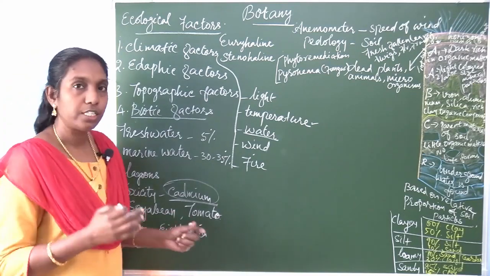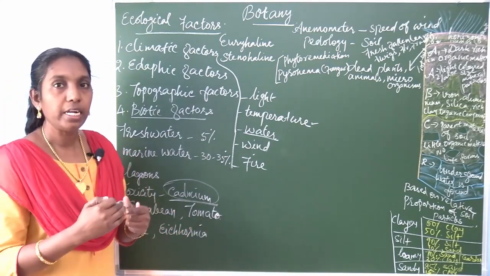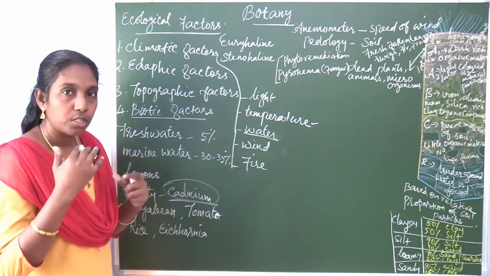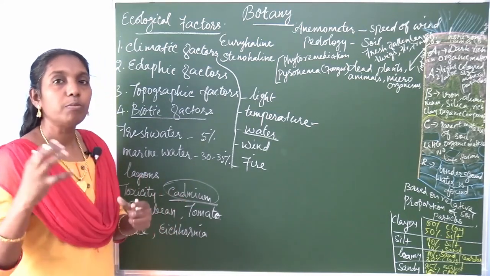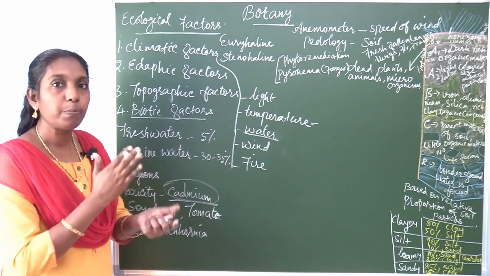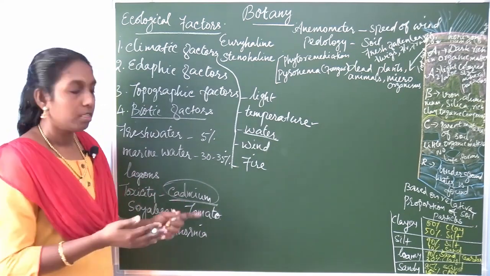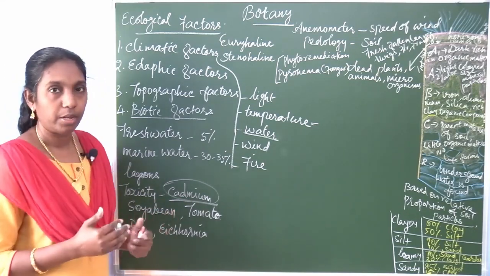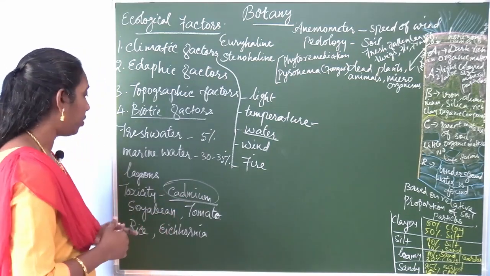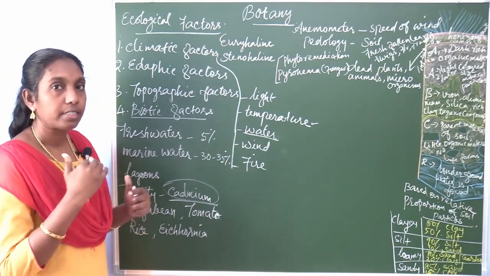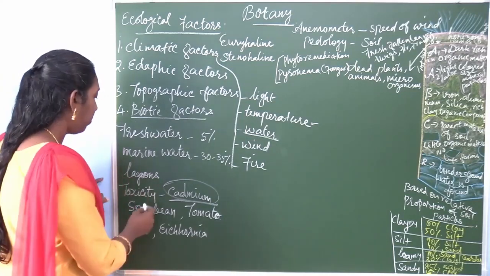Soybean and tomato manage to tolerate cadmium by storing it in some groups of cells, which prevents the accumulation of cadmium in other cells. These two plants are a very important example, a one or two word question. Toxicity tolerance, cadmium tolerant toxicity.